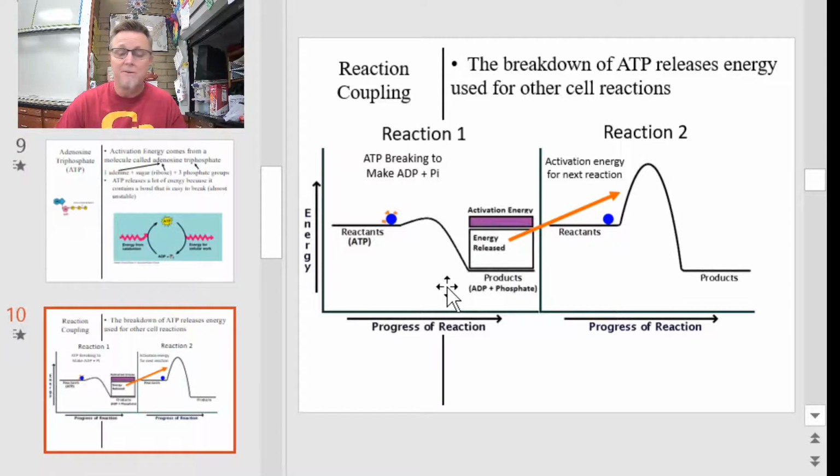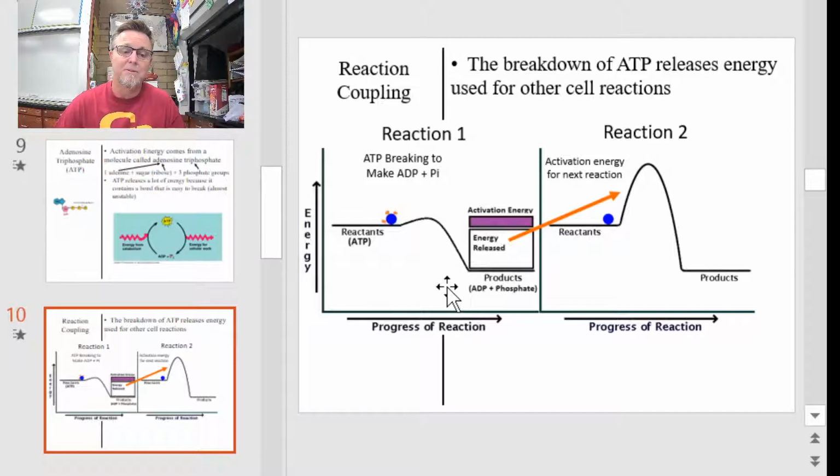You can see there's not a really big peak there or a large amount of activation energy required to make this reaction go, because the bonds between the phosphates that ATP is holding are relatively unstable and easily broken. So that reaction is almost spontaneous. It'll just happen. And as it happens, energy is released.